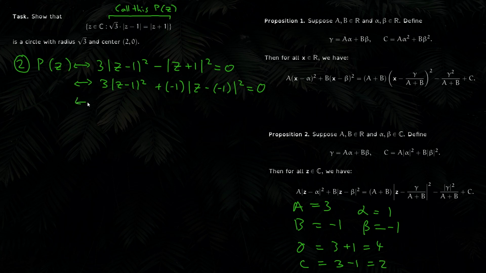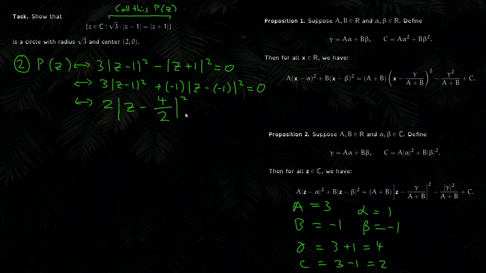So in this way we learn that this expression equals a plus b, so that's 3 plus -1, which is 2. So it's a plus b times z minus this stuff, z minus, now in the numerator we have gamma, we worked out that was 4. In the denominator here we have a plus b again, we just worked that out, that's 2.